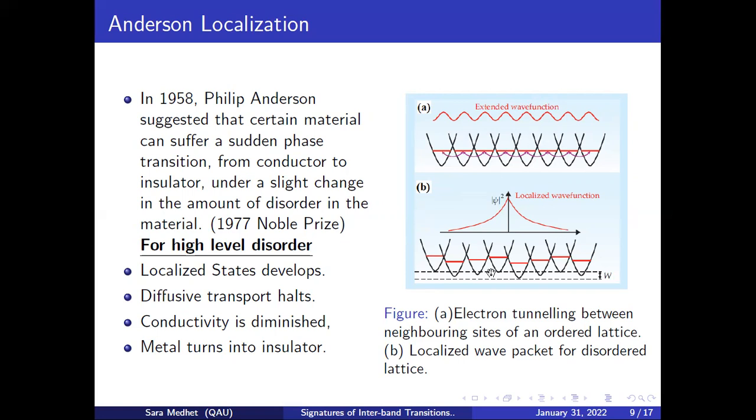As we introduce disorder in the system, you can see that the wave function gets more and more localized over space. In the case of high-level disorder, Philip Anderson showed that it results in localized states, the diffusive part halts, the conductivity is diminished, and the metal turns into an insulator.